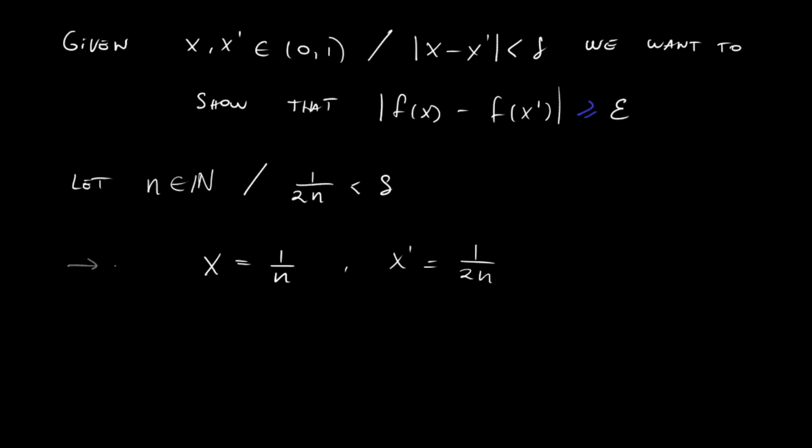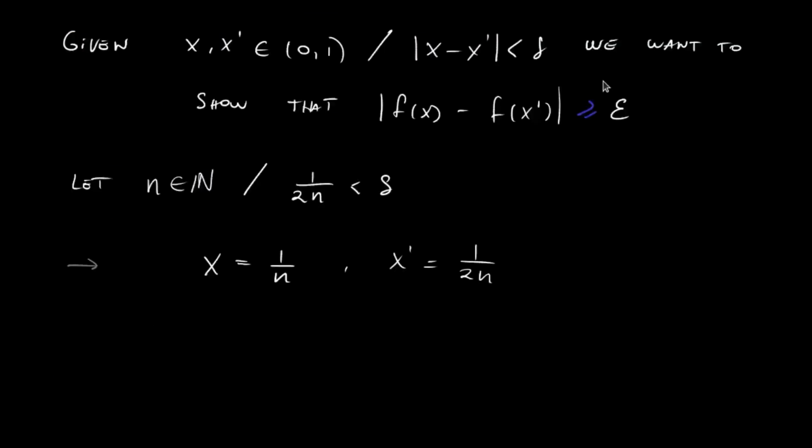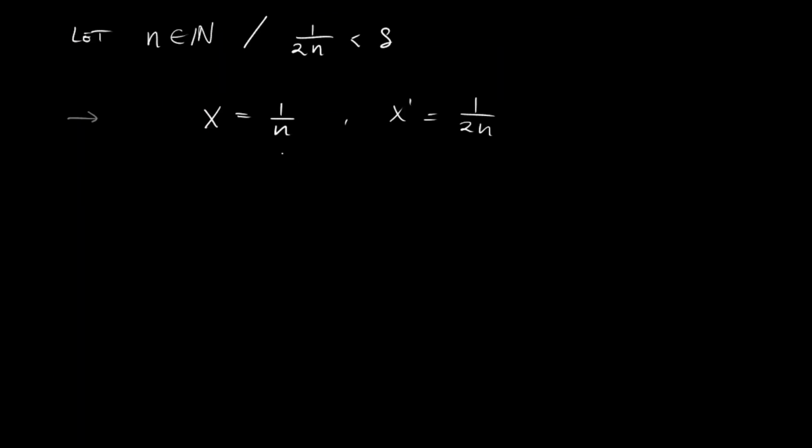This is something we have to do because there exist x and x prime, so we have to actually find them. So we took x and x prime to be these two numbers. It's obvious that x and x prime are in the interval (0, 1).